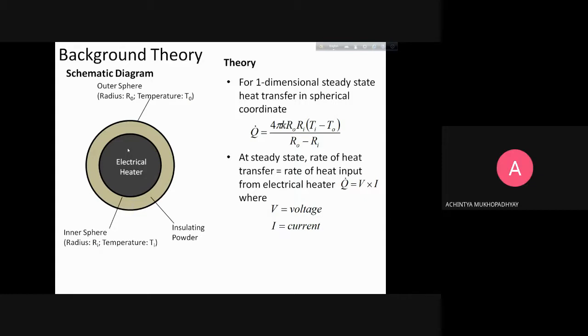No, you can have a cylindrical or rectangular geometry also with heat generation. Sir, but will the edges matter or something?